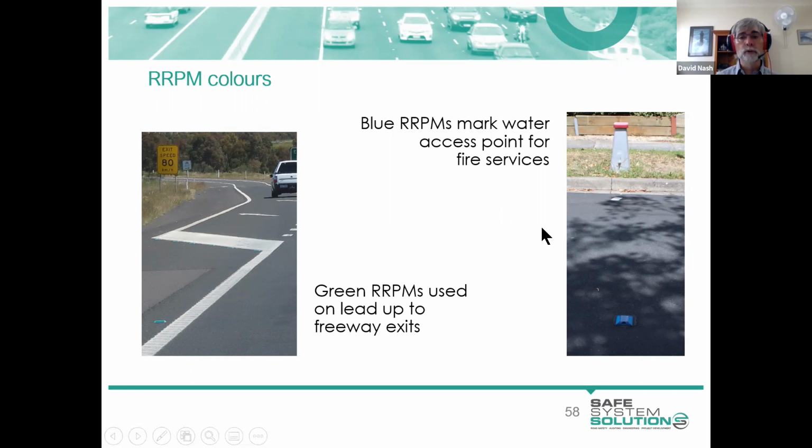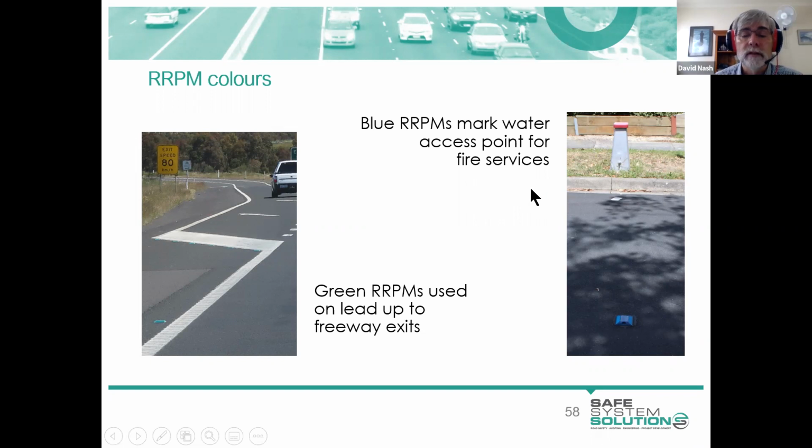Okay, and then blue RRPMs are not used in conjunction with line marking and are not a road related issue. They're used purely and only to mark water points for the fire services. And they're not the responsibility of the road authorities, they're the responsibility of the water or fire authorities, somebody else.